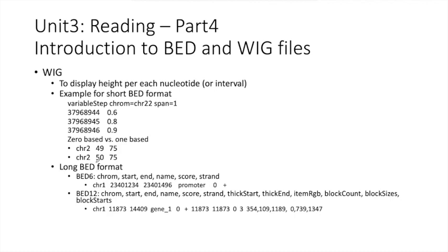Usually we get that number from an experiment, like a binding affinity or something like that. Number of reads? Yeah, in that case, it should be an integer. Okay. So if you want to actually show this kind of trace, the bed file is not the right choice, the wig file is the right choice.